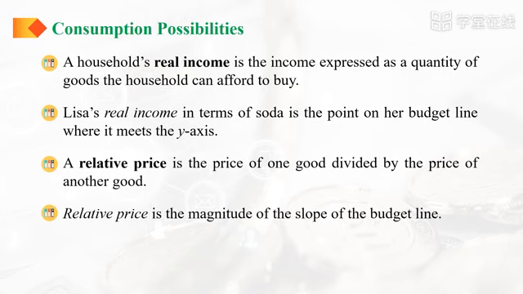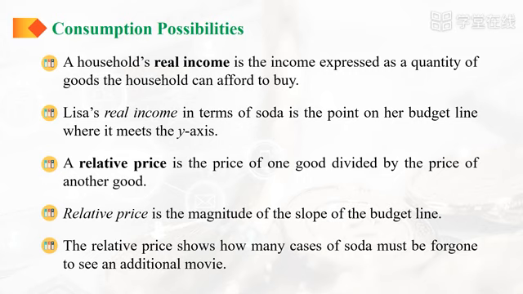Relative price is the magnitude of the slope of the budget line. The relative price shows how many cases of soda must be forgone to see an additional movie. From now on, we can see that the relative price represents the slope of the budget line, and the real income represents the intercept of the budget line.